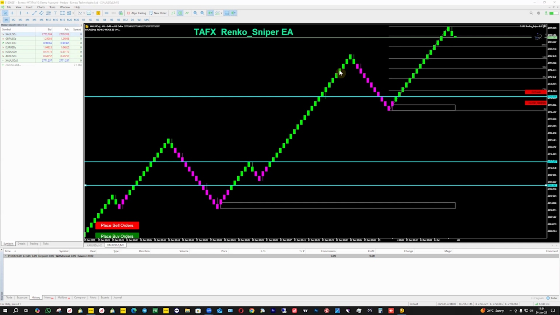So the point to be noted, number 5, is that you can set the brick size that you want. You can set it to auto to let it trade scalping, short, or long trades. That is your decision, whether you use the brick size of your choice, giving it the size that you want, which I will be sharing with you in our VIP on how you can do that.